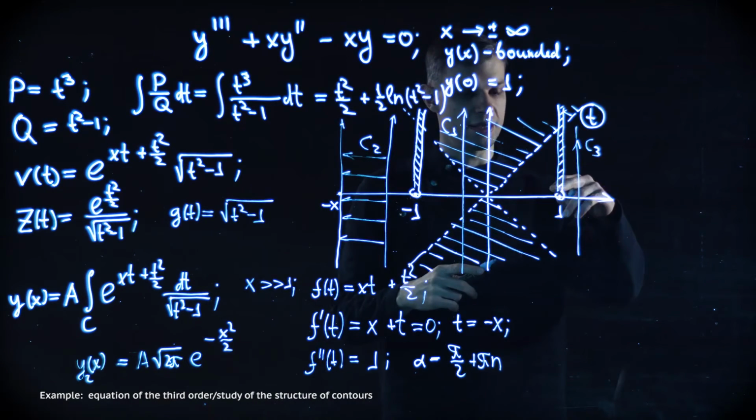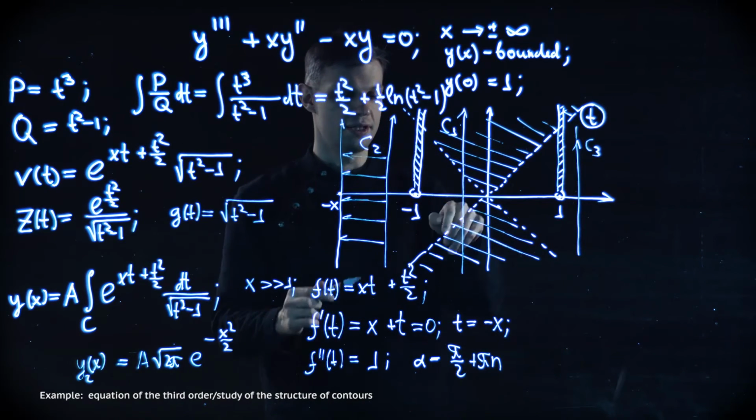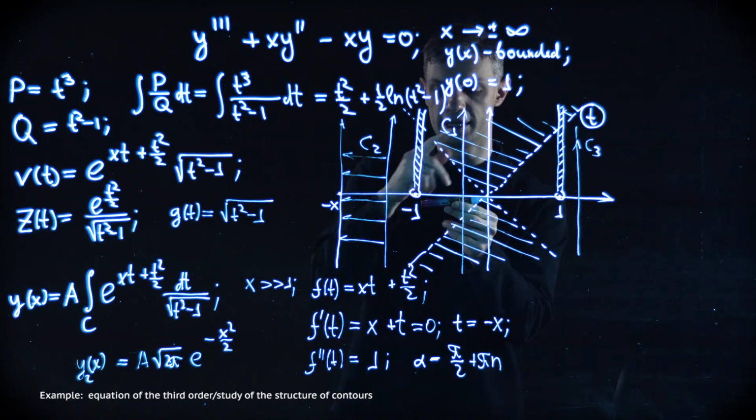The change of the argument of t minus 1 is minus pi, and the change of the argument of the complex number t plus 1 is again pi.